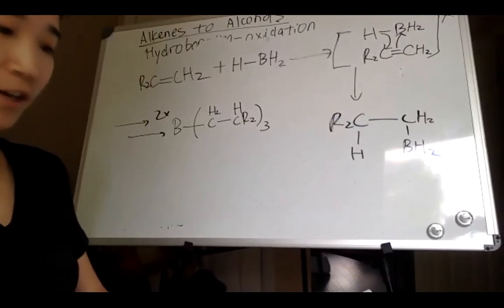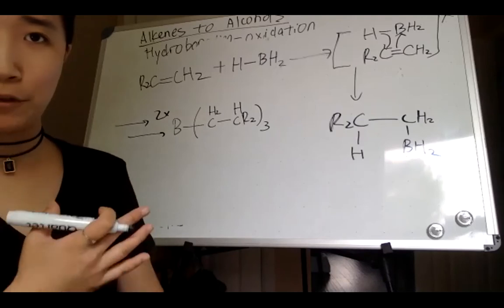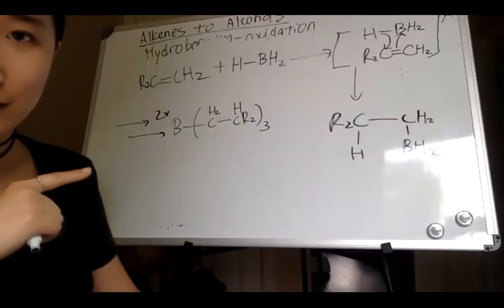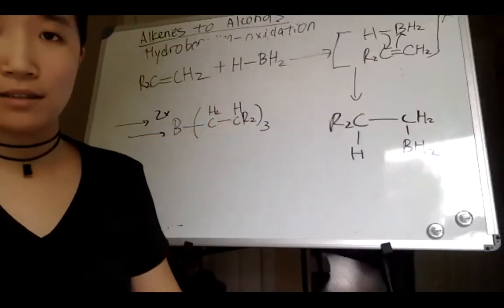Any questions so far? Because this is the mechanism for the first step, which is the more important step. What does the 2x represent? The 2 R's? It says 2 times. 2 times, yes. So the same process happens twice.